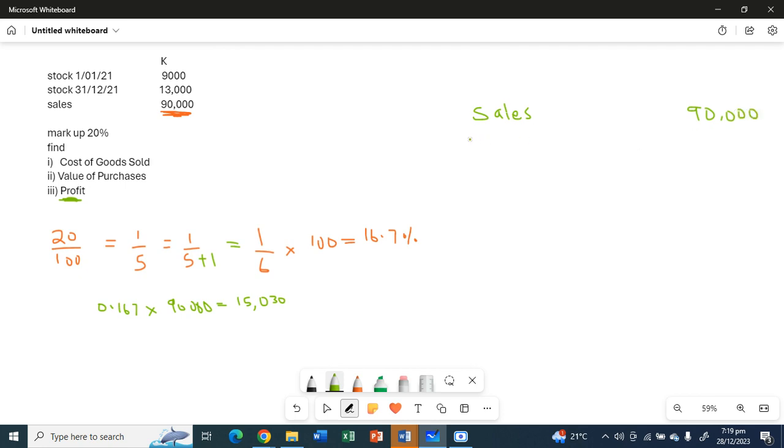Then we have opening inventory, so say stock, beginning stock, 01/01/21.